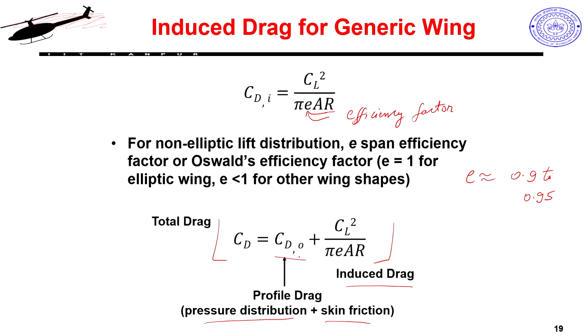Therefore, profile drag is also called 0 lift drag, and that is why this coefficient is named CD 0. So, this is drag without lift, or drag at 0 lift condition.